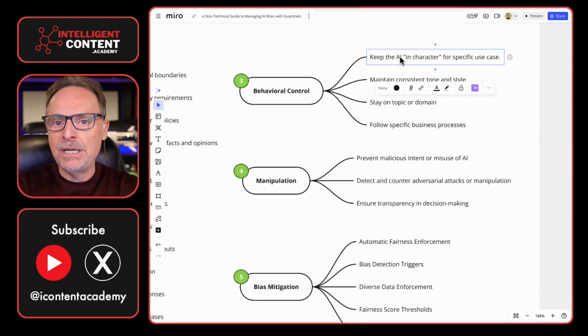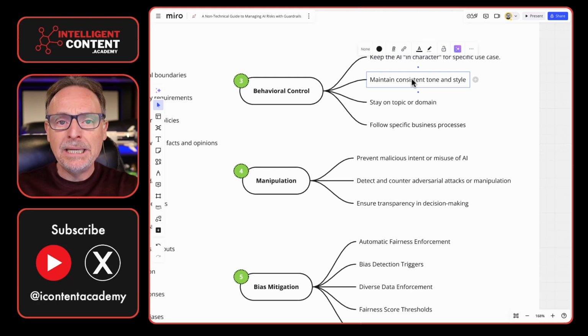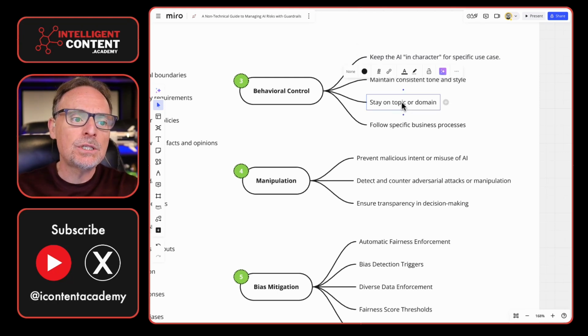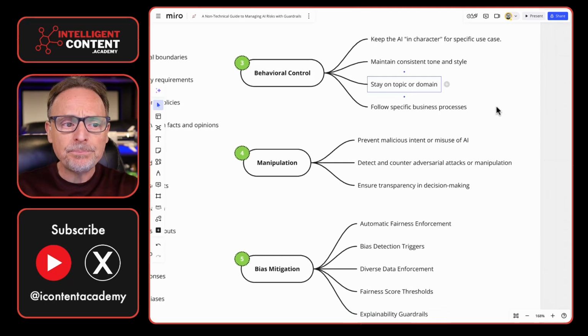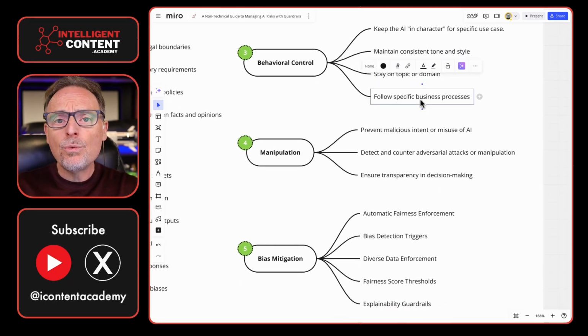It doesn't deviate into other topics or have the users prompt it to deviate from those topics. You want to maintain a consistent tone and style based on your branding guidelines. You want to stay, as I mentioned before, on topic or in the domain. And you want it to follow the specific business processes, right?